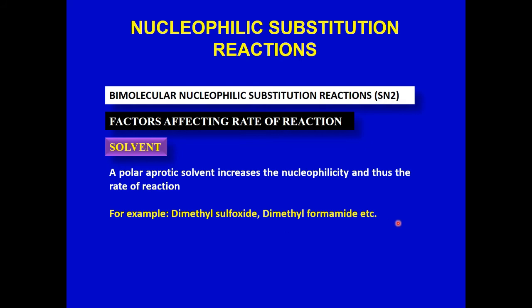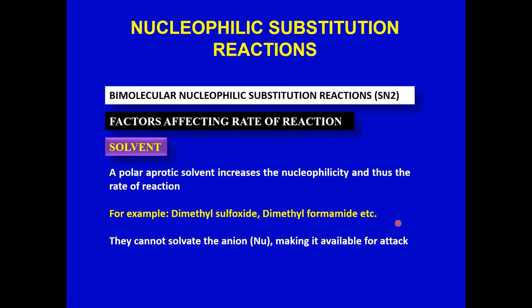Now, they are polar solvents and they increase the nucleophilicity of the nucleophile. So nucleophilicity is increased, and that means the reactivity of the nucleophile is increased, and therefore the rate of reaction will also increase.